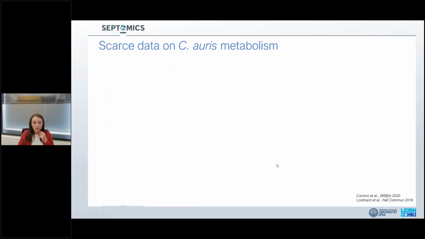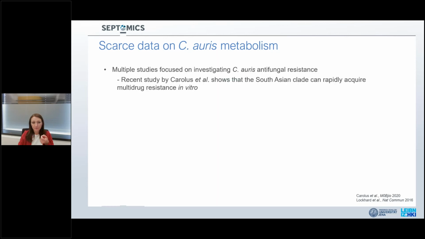What we actually don't know is what is known about Candida auris metabolism. Everybody is studying in detail the antifungal resistance mechanisms, but very scarce data on Candida auris metabolism is available. And I think it's important to link the metabolic properties to the antifungal resistance mechanisms.